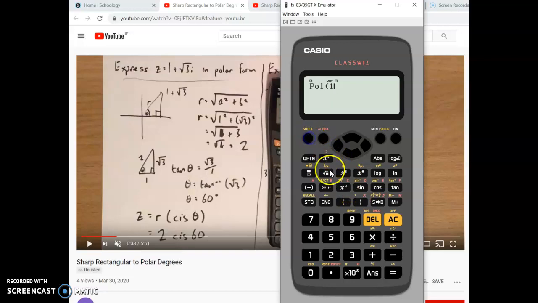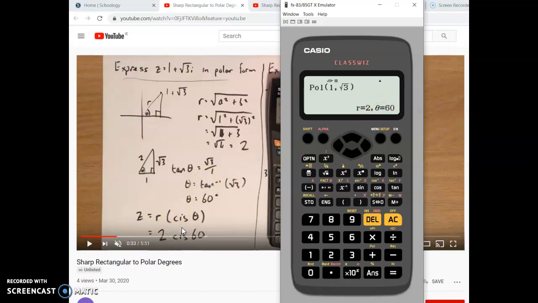So shift and right bracket, and then your root 3. Right arrow just to come out from under that square root, then close your bracket, then equals. There's my modulus of 2, there's my argument 60, so 2 cis 60.